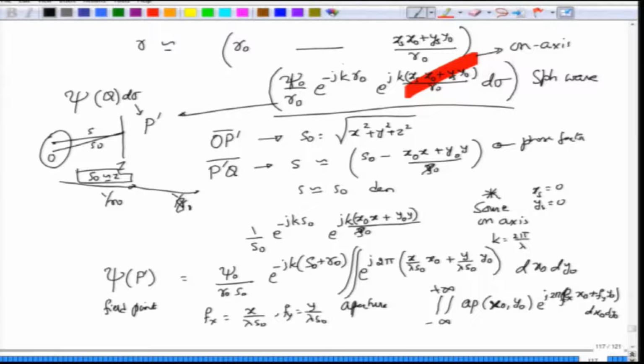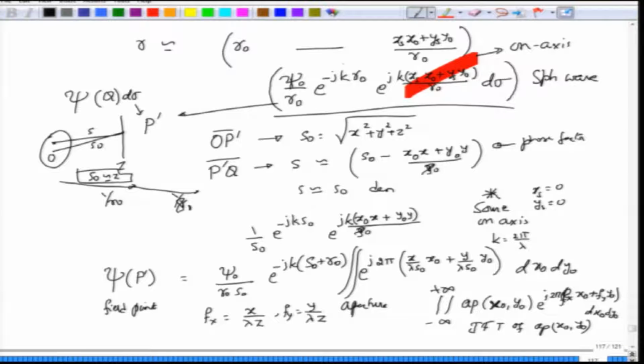So, I can remove this S naught, which would give me the distance from the origin, and rather put it in terms of the plane distance itself, which would be x by lambda z and y by lambda z. So, clearly this is similar to a frequency, except that this is called a wave number. So, this is the Fourier transform, or rather if you are not happy with the sign, then this is the inverse Fourier transform of the aperture x0 y0.